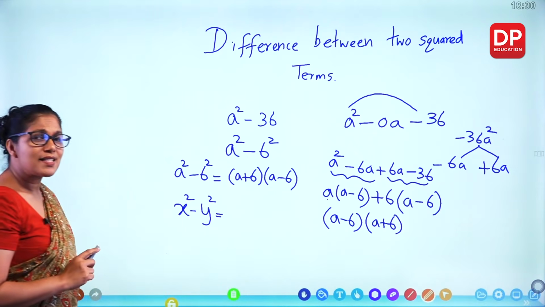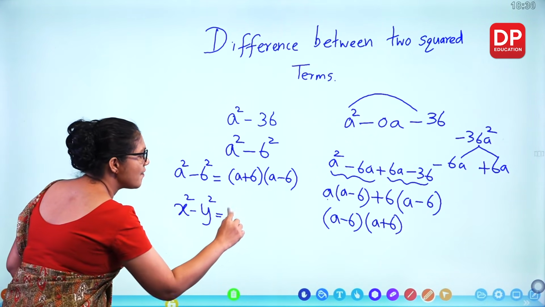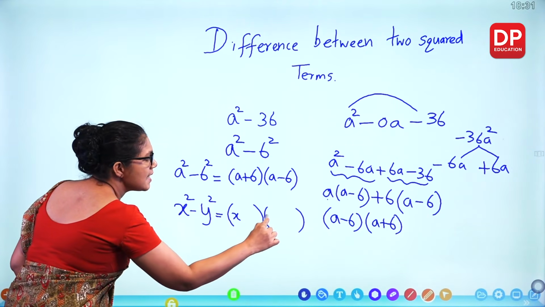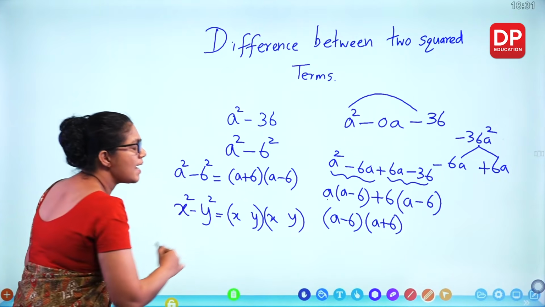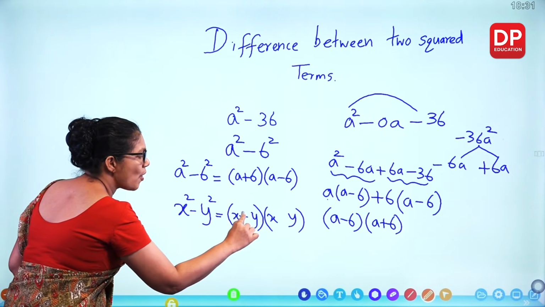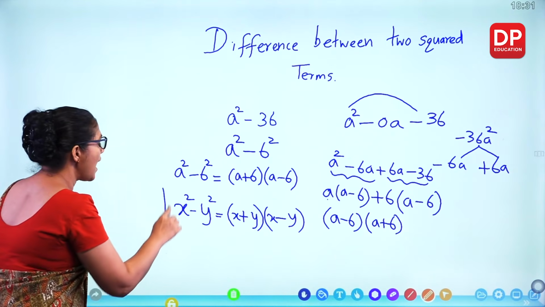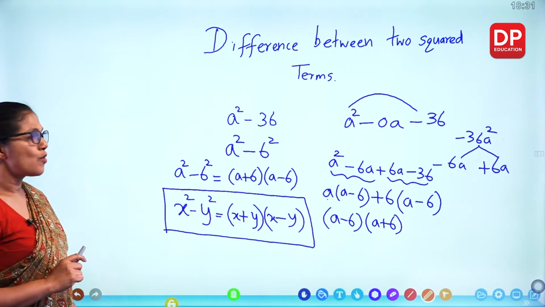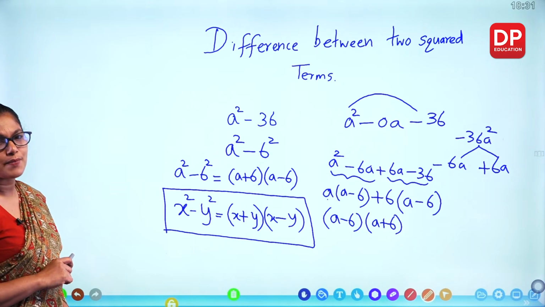If you see this, you can write the factors down at once. There are two factors: the first letter is x, the last letter is y, and one is positive and one is negative. So you can use this formula when you get a difference between two square terms.